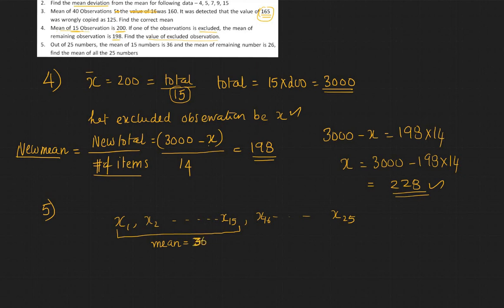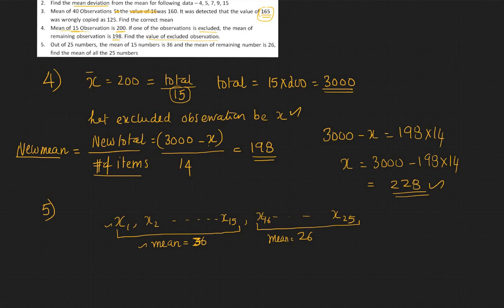So we pretty much know that if you know the mean and total number of items, you can find the total. Okay, I know that. We'll not solve it. Let's read the problem further. The mean of the remaining numbers is 26. So that means that the mean of these remaining numbers is 26.